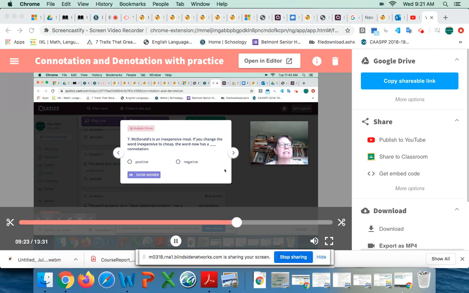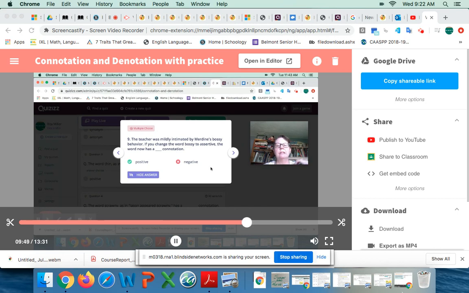If you buy a necklace and it looks cheap, it might look inexpensive, but it also doesn't look very nice. Kevin's interest in model cars has turned into a hobby. If you change the word hobby to obsession, someone's obsessed with something, it's not good, right? That's a negative connotation.